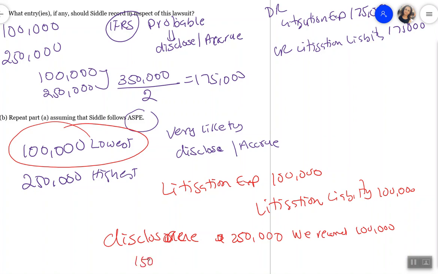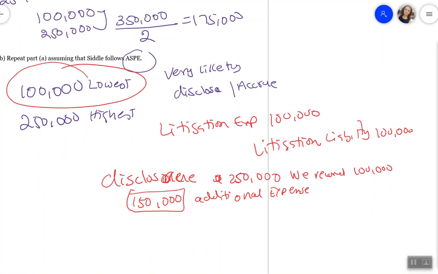We are disclosing that there could be additional expenses next year, that we might have additional expenses of 150,000. So most notes are written like that. Jackhammer Sadler Inc. will record a note saying that we recorded a current litigation liability of 100,000, but our actual liability could be more than 100,000.